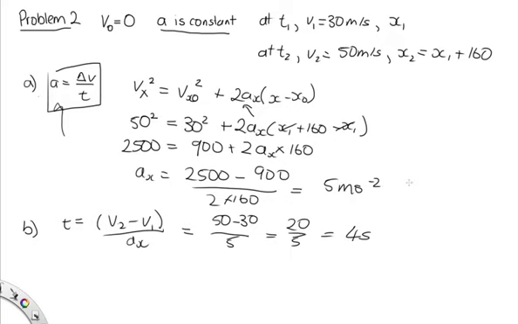We could also put 5.0 meters per second squared, because it's really not clear from the question how many significant figures we have. So we can put 4 seconds, or we can put 4.0 seconds. But we should think about how many significant figures we're going to use.